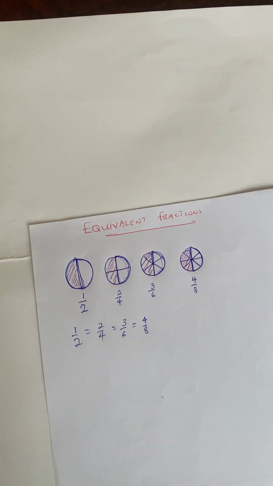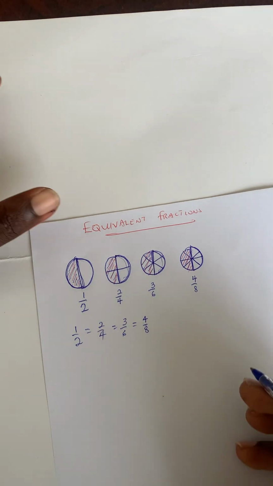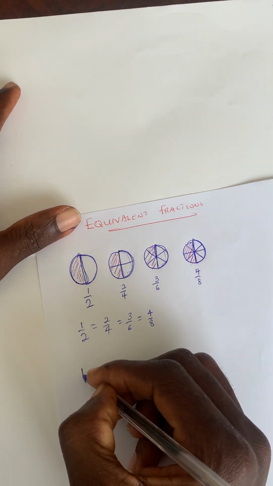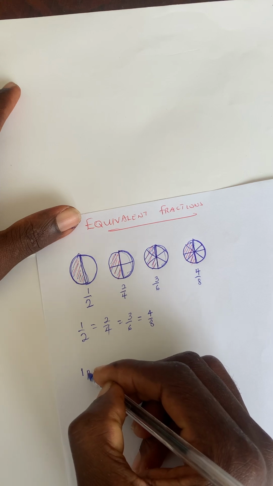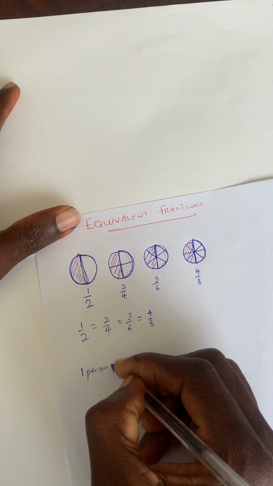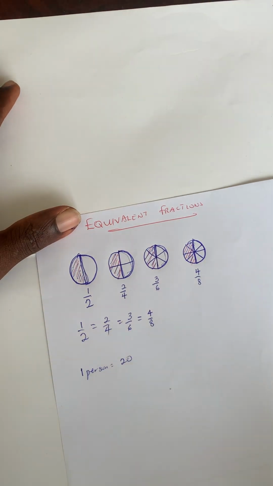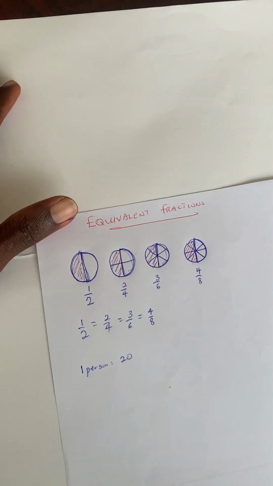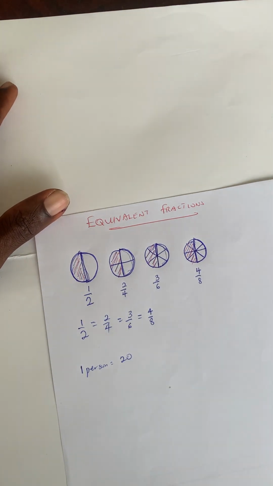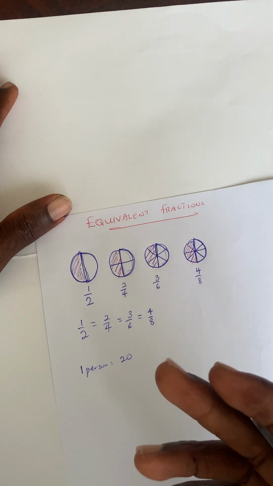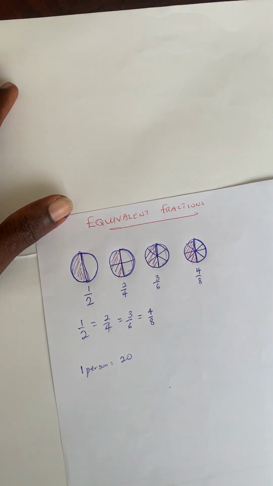Let's look at another scenario where two people are sharing 40 Ghana cedis. So one person will get 20 cedis. That's if it is shared with 20 cedi notes, two 20 cedi notes. One person gets one 20 cedi note, the other person gets one 20 cedi note.